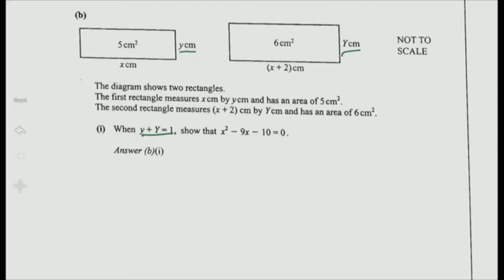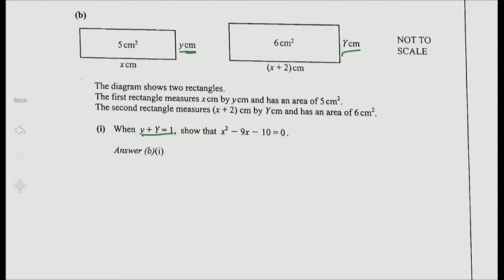Now, looking at this, it's possible to express that breadth of the first rectangle in terms of x, which is its length.